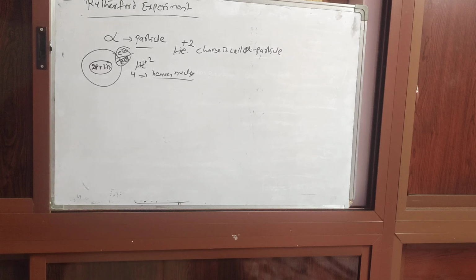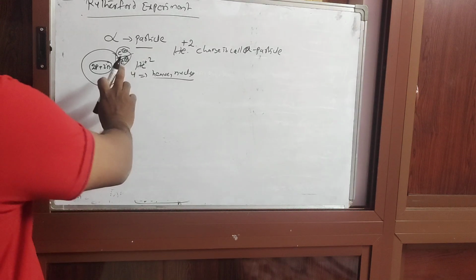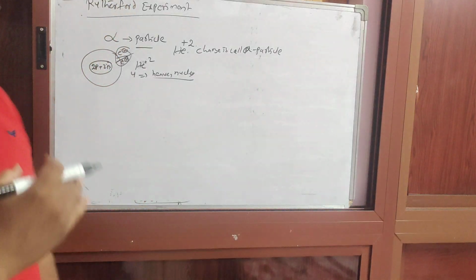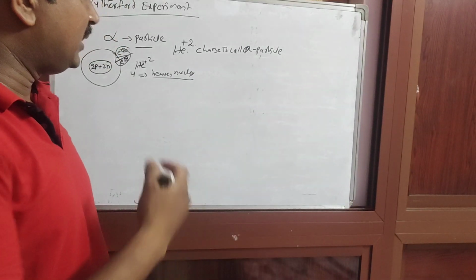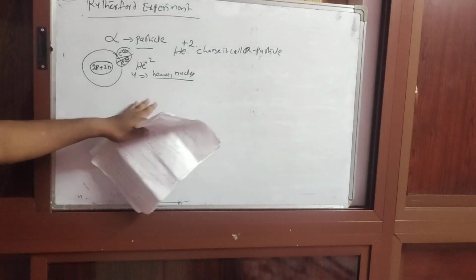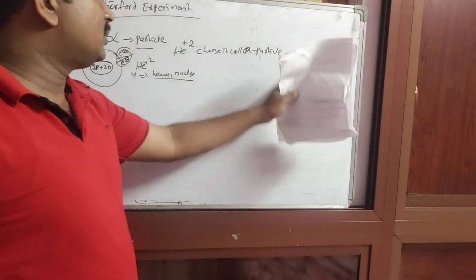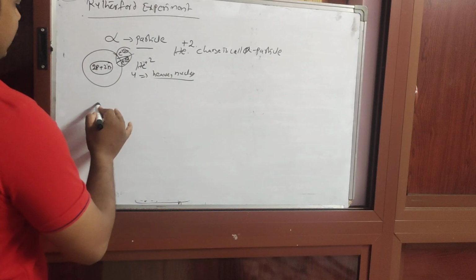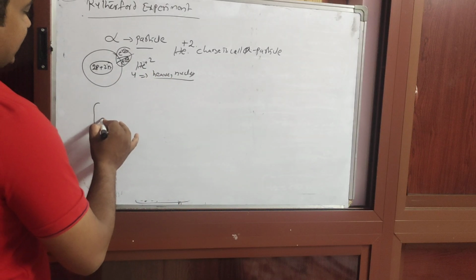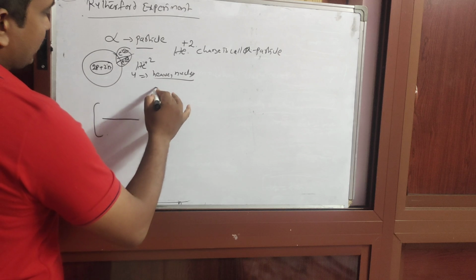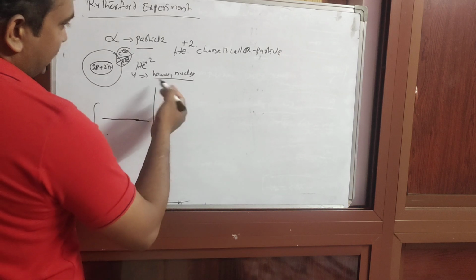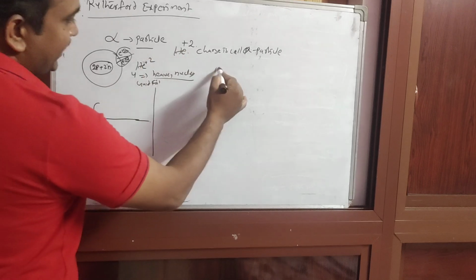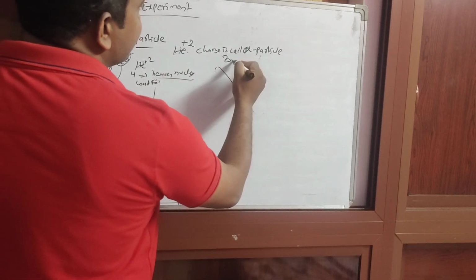The protons have positive charge. We bombarded any metal atom with this alpha particle, and the alpha particles are reflected onto the screen. For example, take a source of radioactive element, and put a thin gold foil metal, and a zinc sulfide screen here.